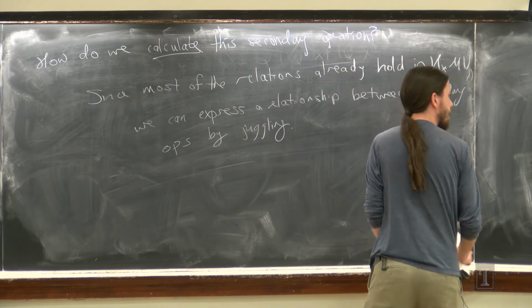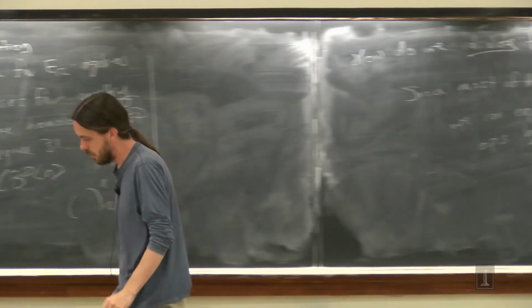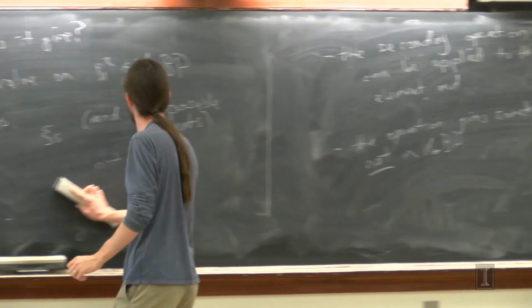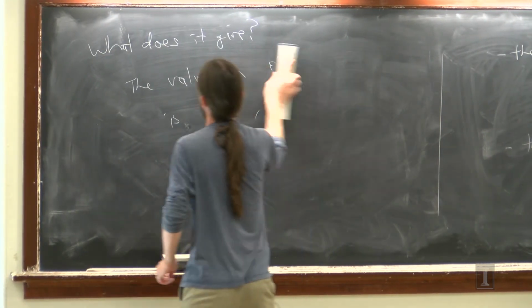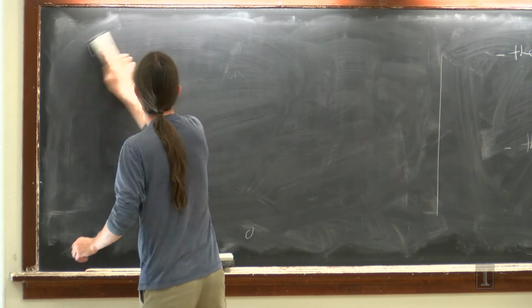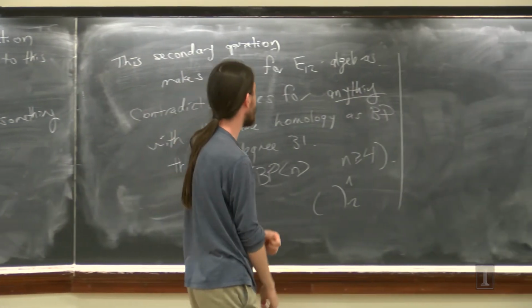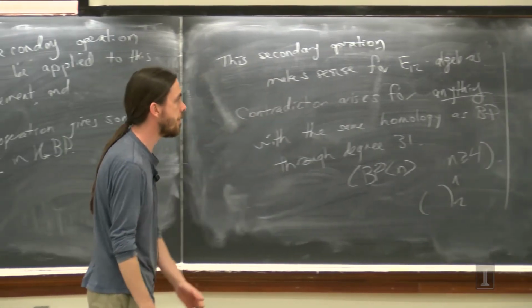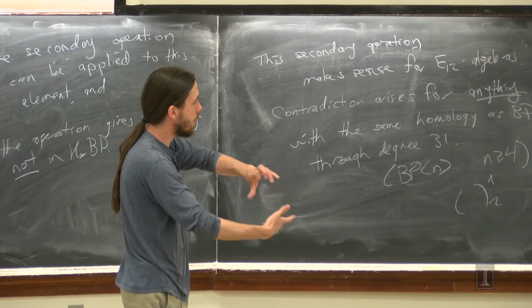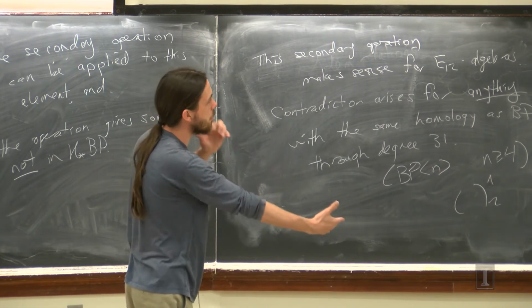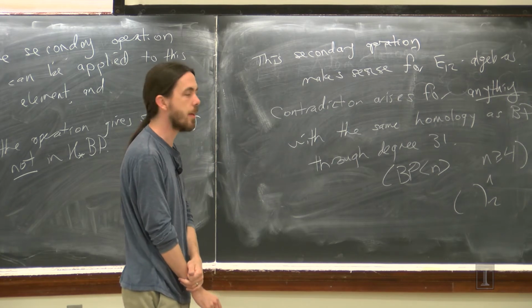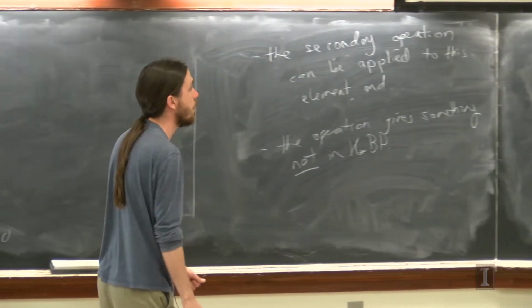So just to give some indication of how this goes, we would have some juggling formula that then pushed it over to a secondary operation related to the homology of mu. And then there would be something that simplified down, and then there would be another juggling formula that one carries out.